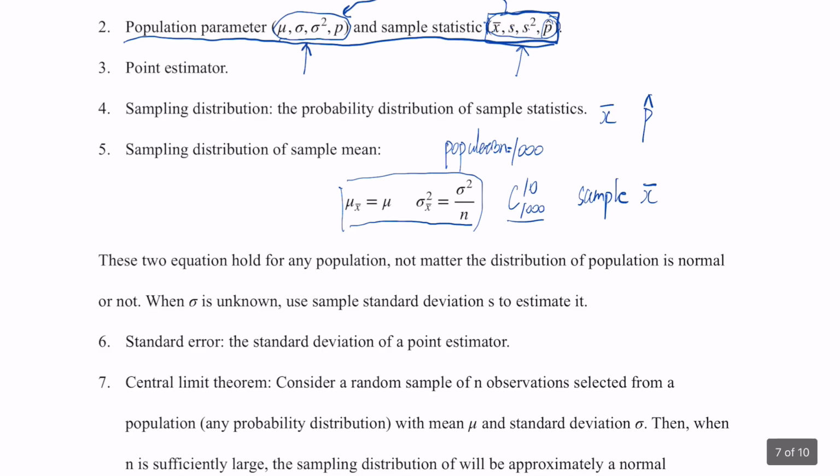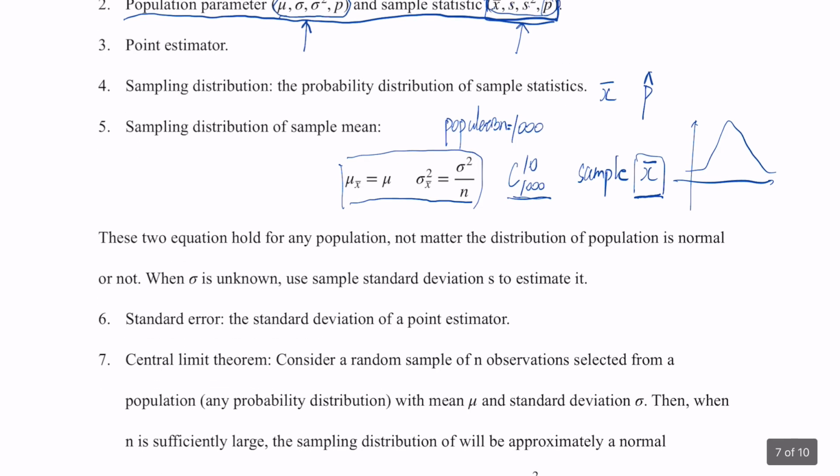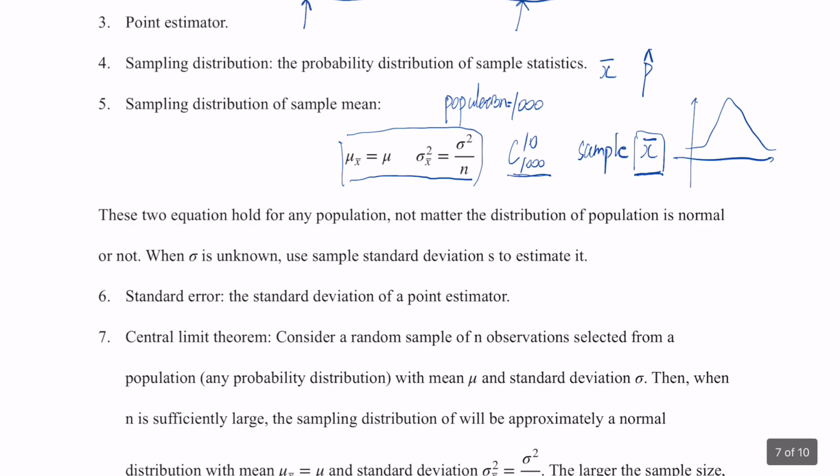And we will have this many samples, so we will have this many sample means. And we draw these sample means into a graph. Then we will get a normal distribution, something like that. But pay attention, like I just said, the sampling distribution of the sample mean is not always normal.